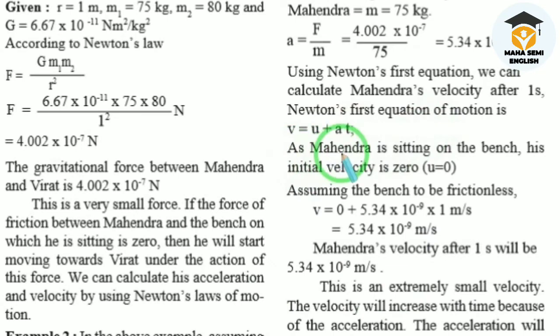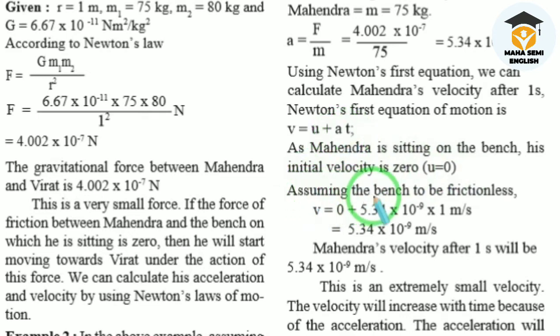As Mahendra is sitting on the bench, his initial velocity is 0, so u is equal to 0. U is the initial velocity, and we know a is the acceleration, t is the time.